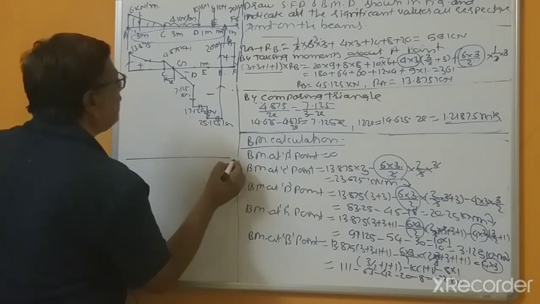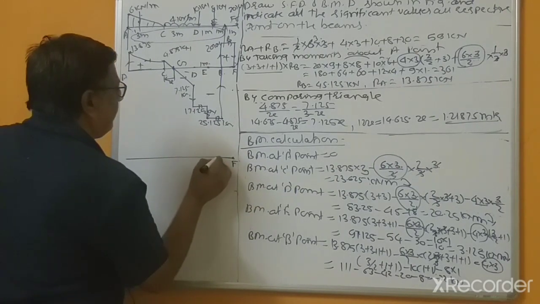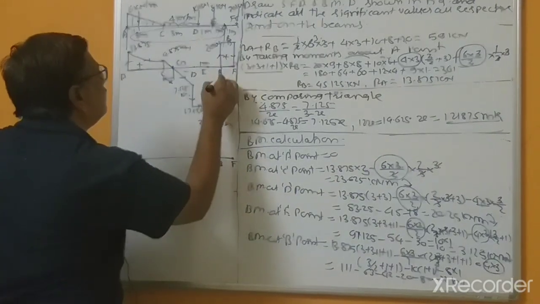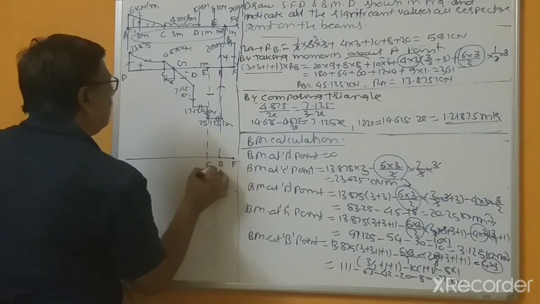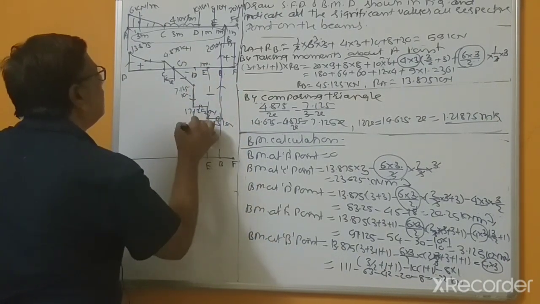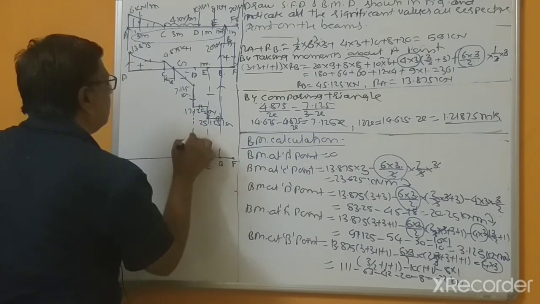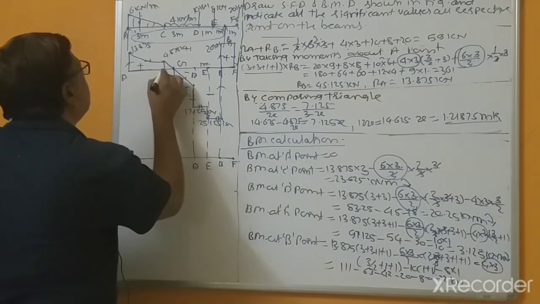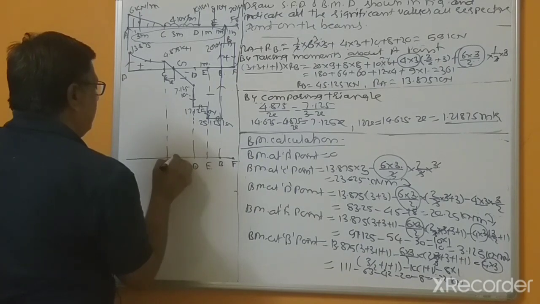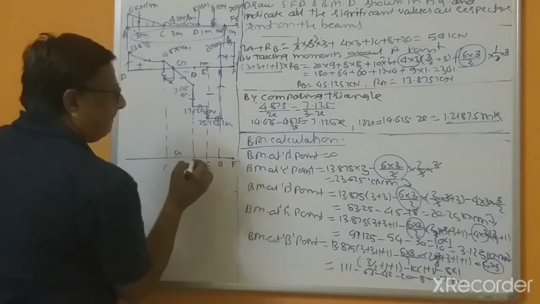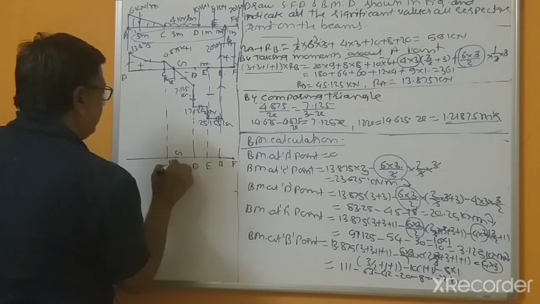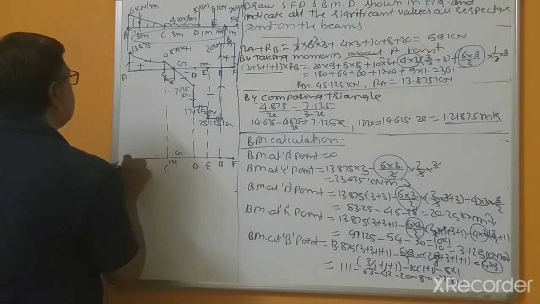For the bending moment diagram, mark all points: F point, B point, project this point, E point, D point, C point, G point, X equal to 1.21, and this is A point.